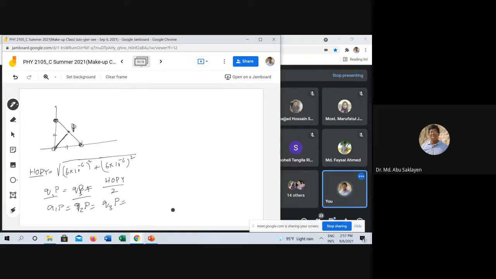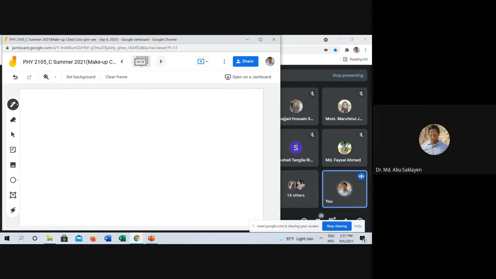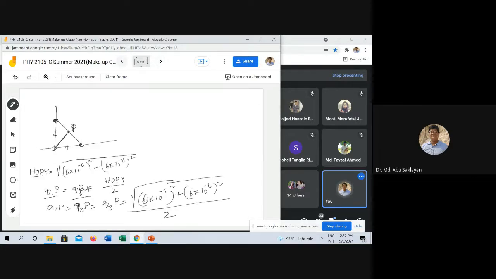Anyone calculate it? Root over 6 into 10 to the power minus 6 whole square plus 6 into 10 to the power minus 6 whole square, divided by 2. This is the distance from the point P to the charges, right? So now what will be the distance? Can someone calculate?